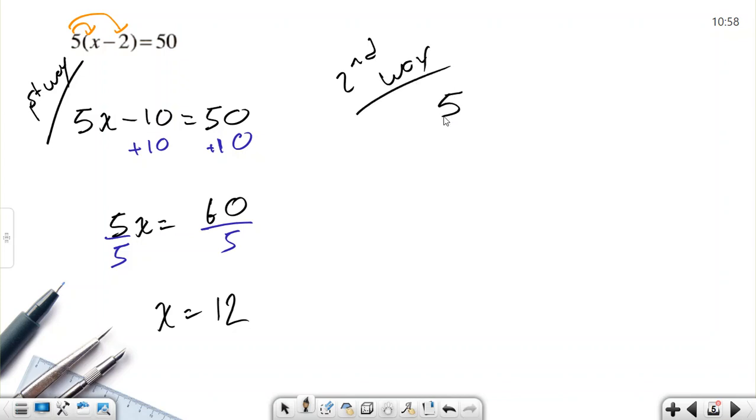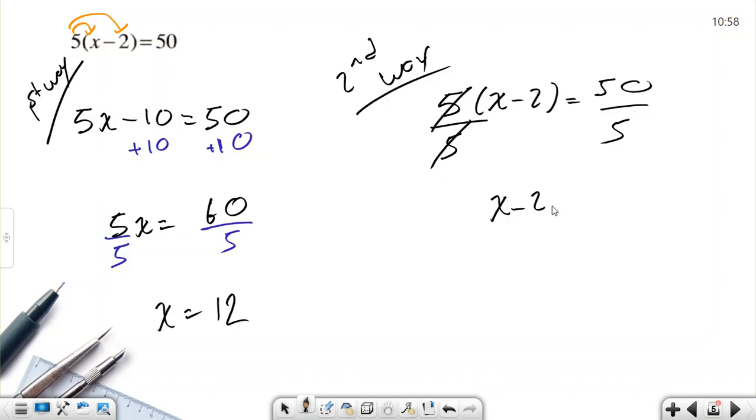In the second way, as you see, 5 multiplied by x minus 2 is equal to 50. I can simplify by 5 on both sides of the equation. So 5 is gone, x minus 2 left. This was inside the parentheses. You can remove the parentheses here because there isn't any multiplication left. It's 1 times the number itself.